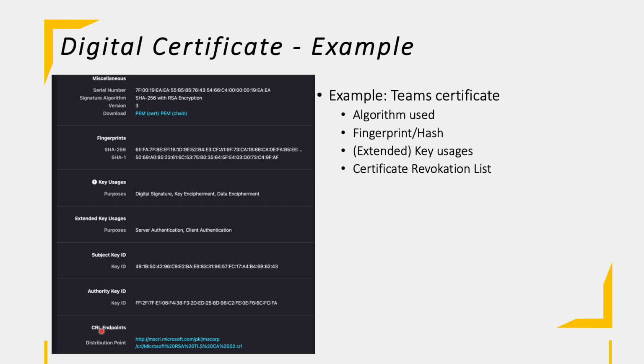Before we trust the certificate, we make sure to check this list and see if this certificate of teams.microsoft.com, with the fingerprint and public key, has maybe already been revoked by Microsoft because it was compromised. So this certificate revocation list is a very important piece of the public key infrastructure. If you keep scrolling, there are many more IDs and keys you will find in the certificate, but I didn't screenshot them.